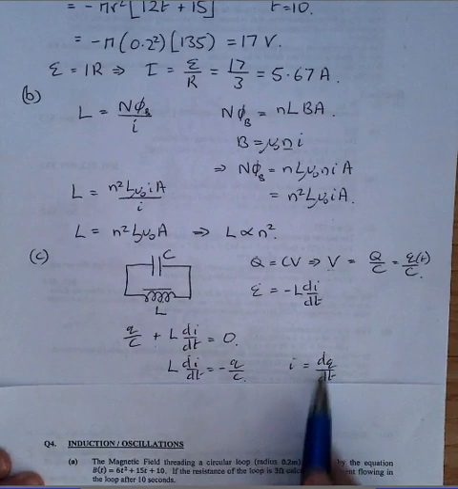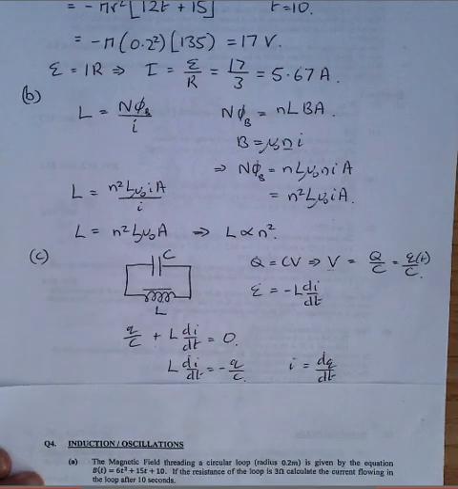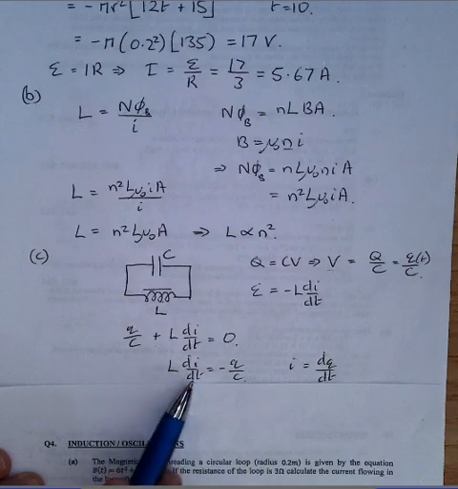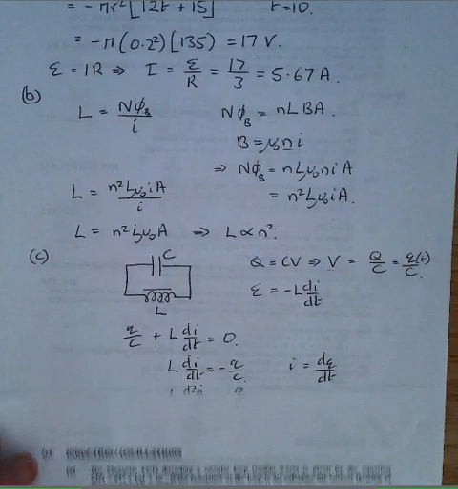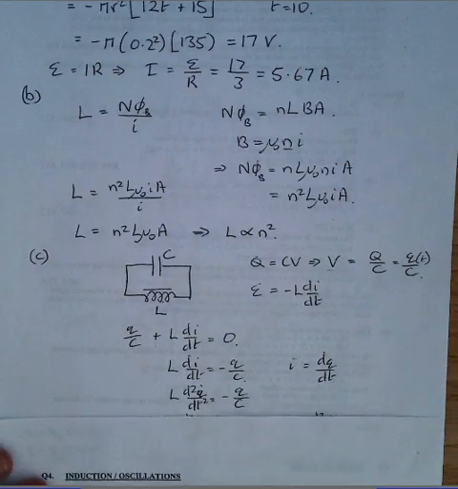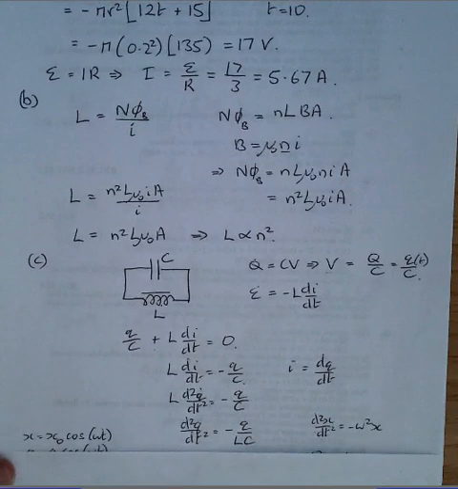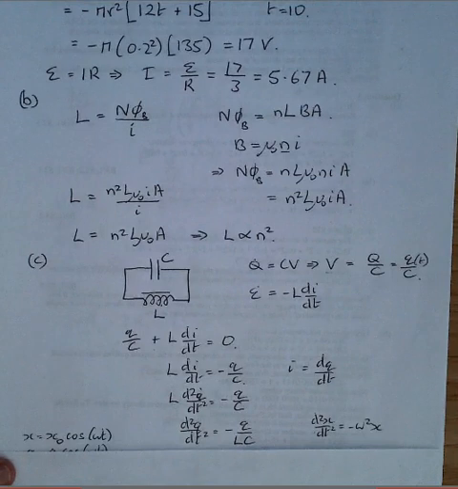The current is dq/dt, so this di/dt becomes d/dt of dq/dt, which is d2q/dt squared. And we end up with d2q/dt squared equals minus q over LC.